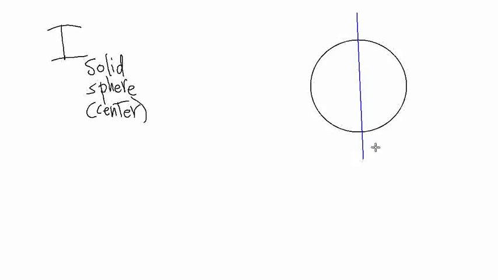So the moment of inertia for a solid sphere with an axis of rotation through the center. Let me maybe draw a corresponding picture. Suppose I had, let's say, like a bowling ball that was spinning with an axis of rotation through its center.